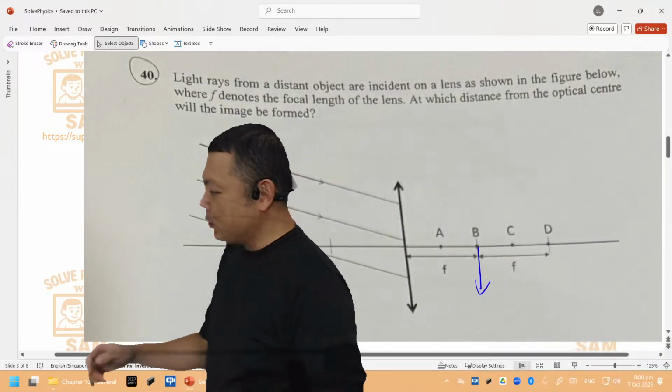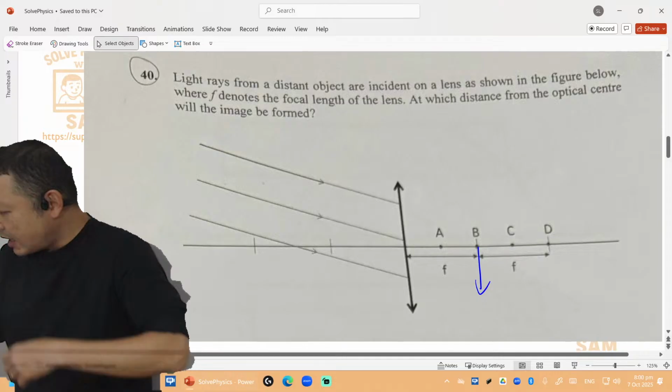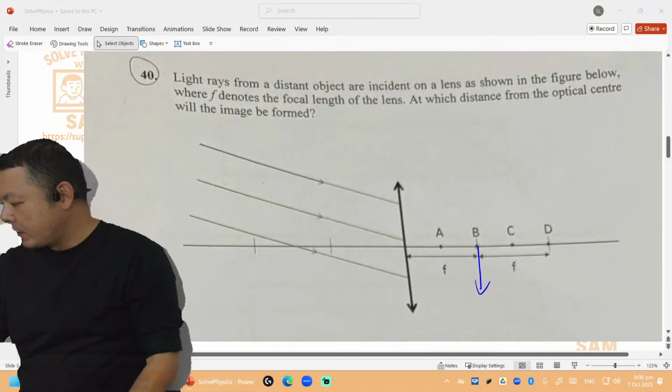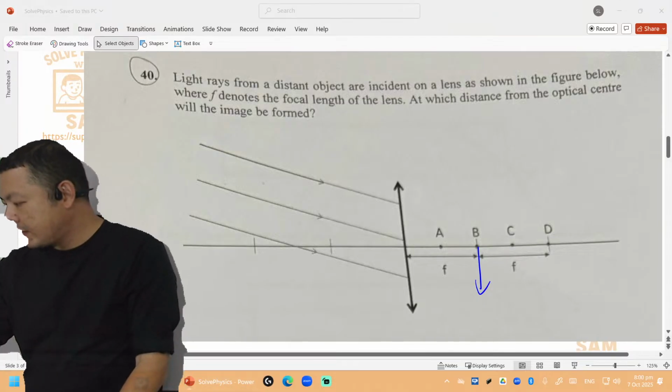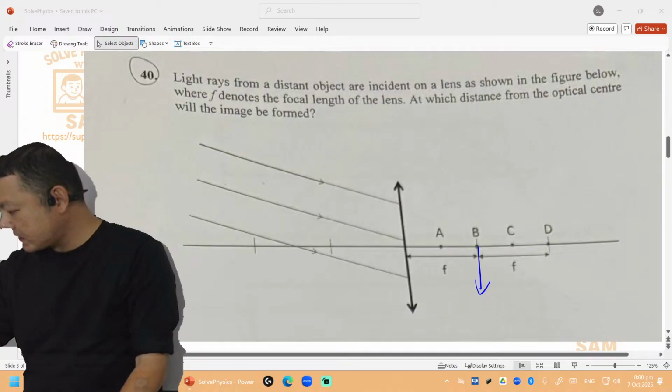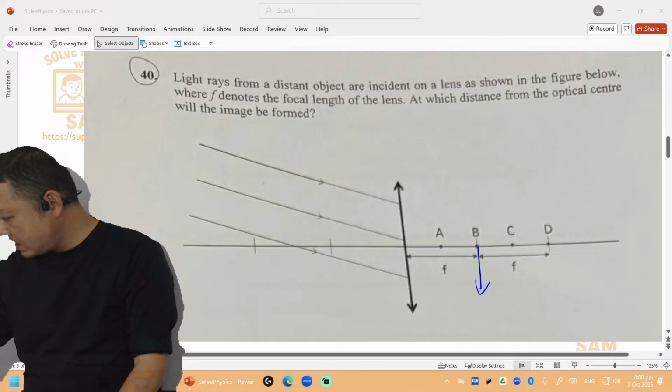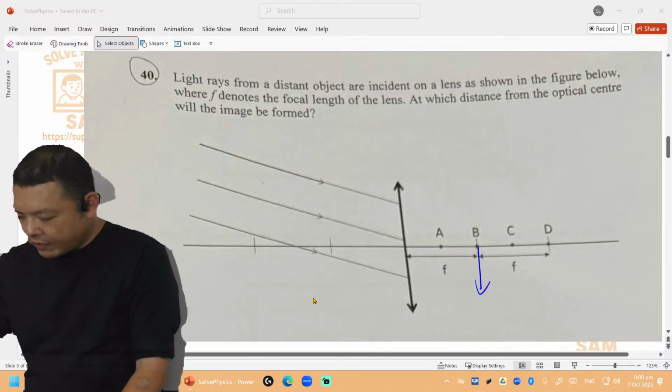I show you one question that happened earlier today. One of my year 4s gave me this question. They took it from a paper and I forgot which paper it was.